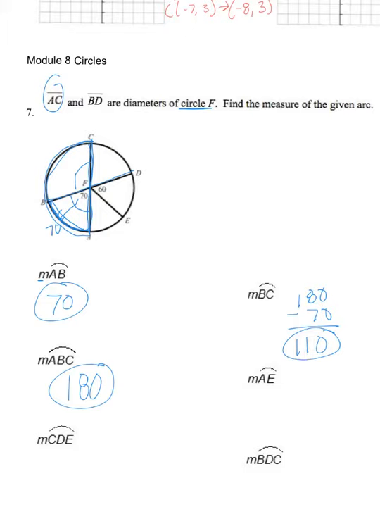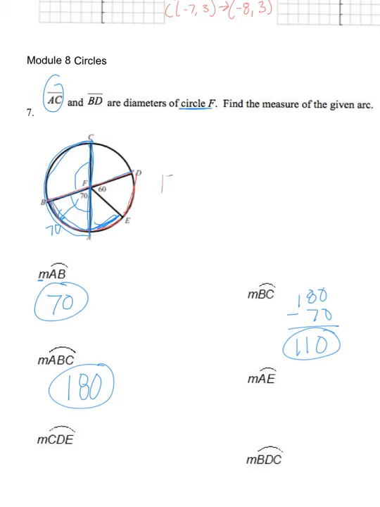I'm actually going to keep teaching this. I'm not going to make you try any on your own because I don't want any confusion. So we're trying to find AE, right? And we're also trying to find CDE. So let's see here. If we're trying to find AE, well, I already know this is a diameter, and I know this is 70 and this is 60, and AE is a piece of it.